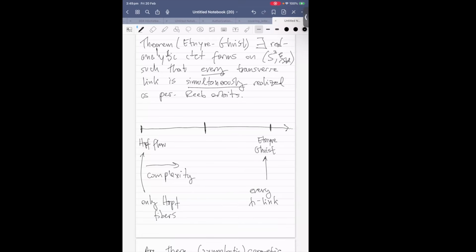If you want to see certain knots, 8_20, 9_46, and so on, there are many, many other knots like this, which are symplectically slice but not Hopf fibers. At some point, you cannot go beyond this complexity level if you want to keep dynamical convexity. So somehow there is a restriction.